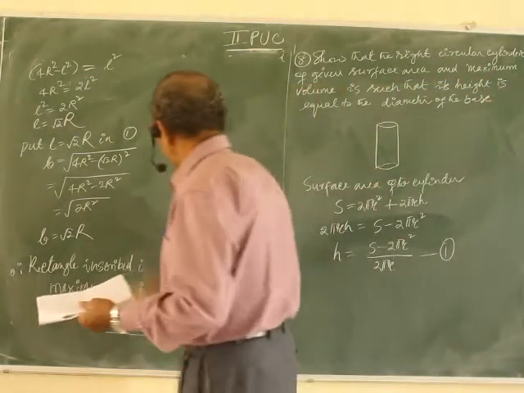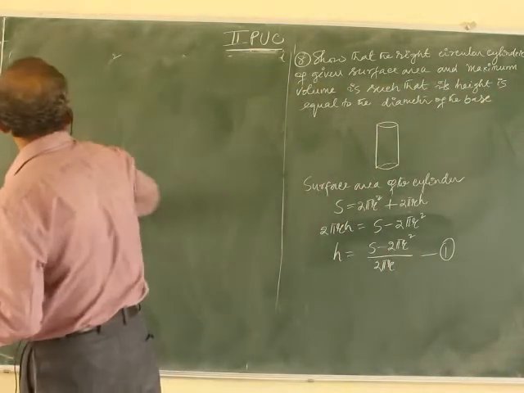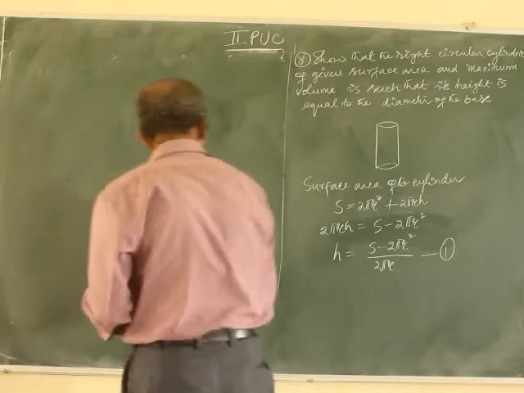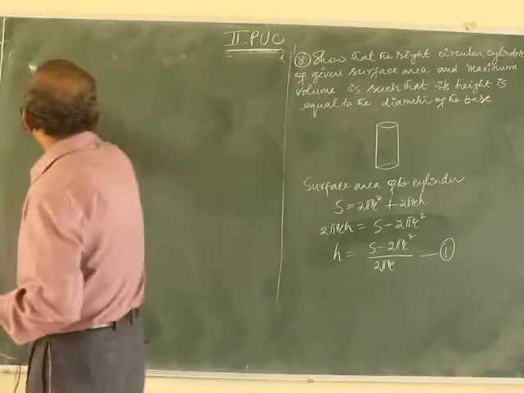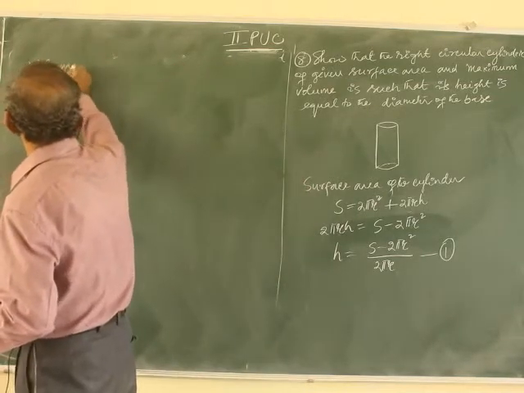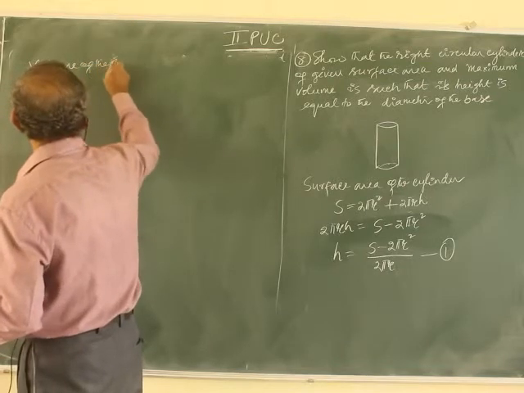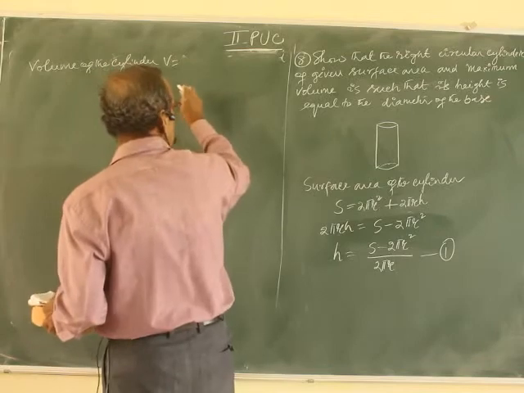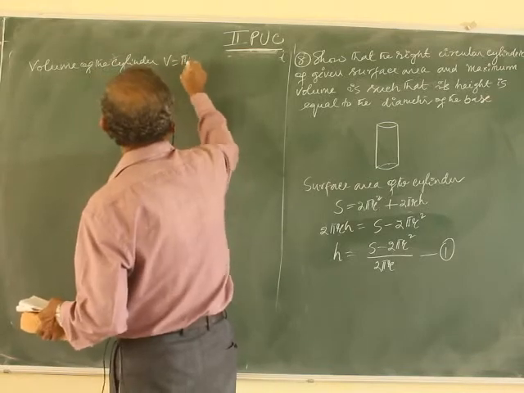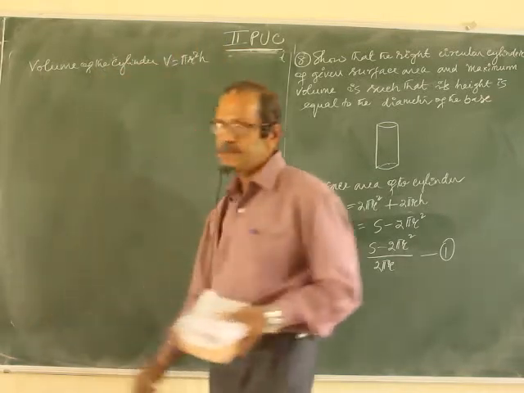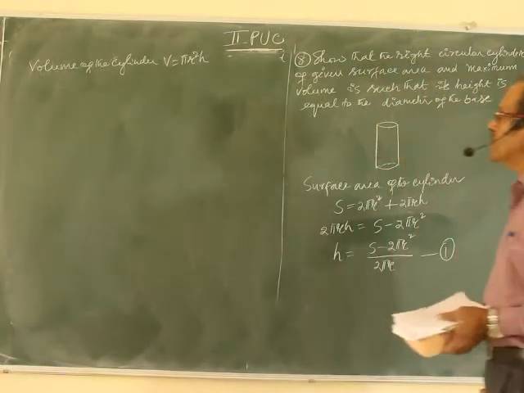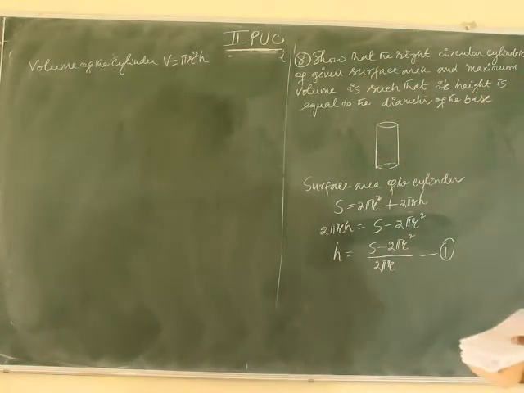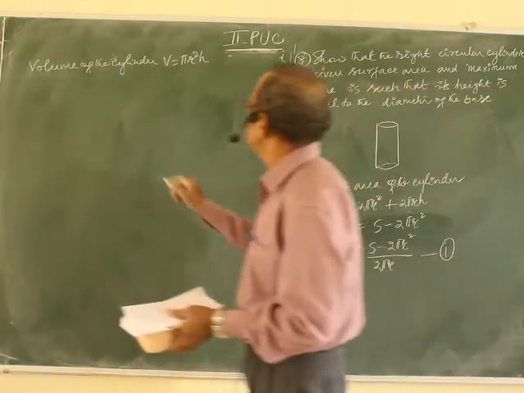Now, what about the volume of the cylinder? It should be maximum, no? Volume of the cylinder, V equal to pi r square h. But h is here, write that one.